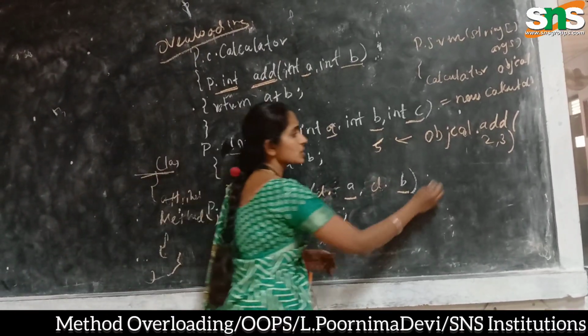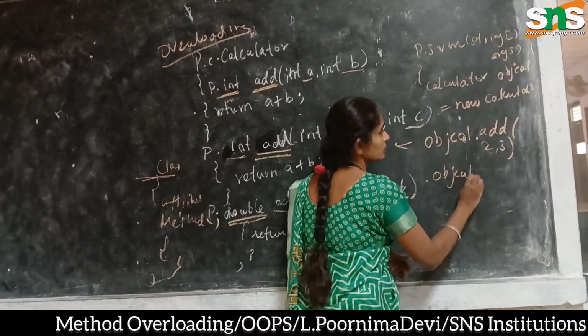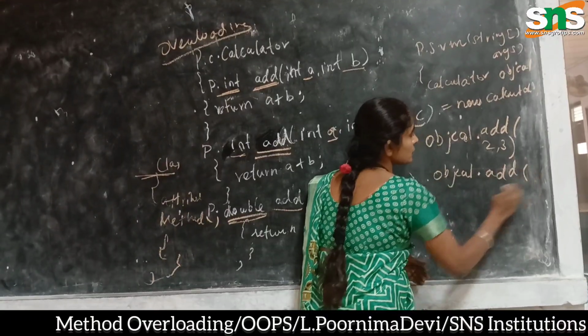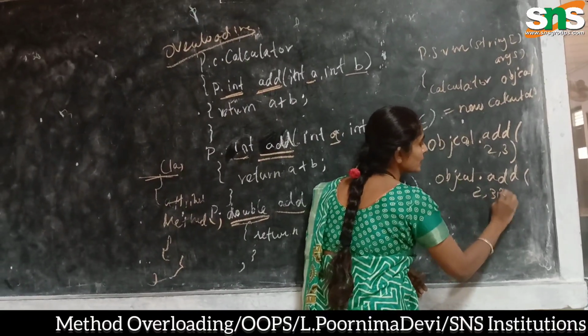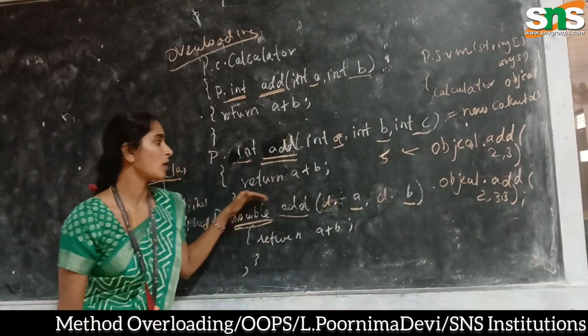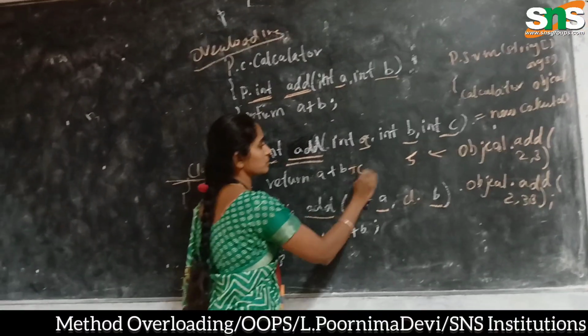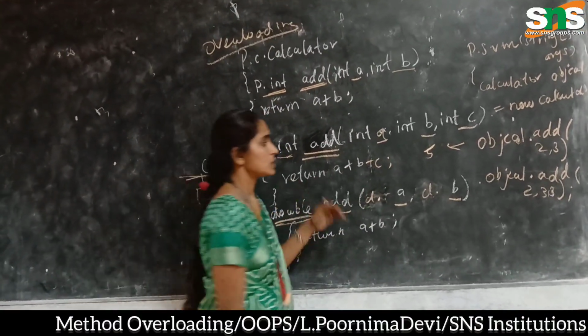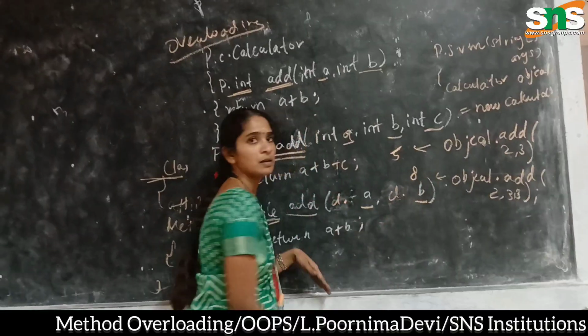The next one is cal dot add with three values. This function will be called and return a plus b plus c, so the output will be 8.